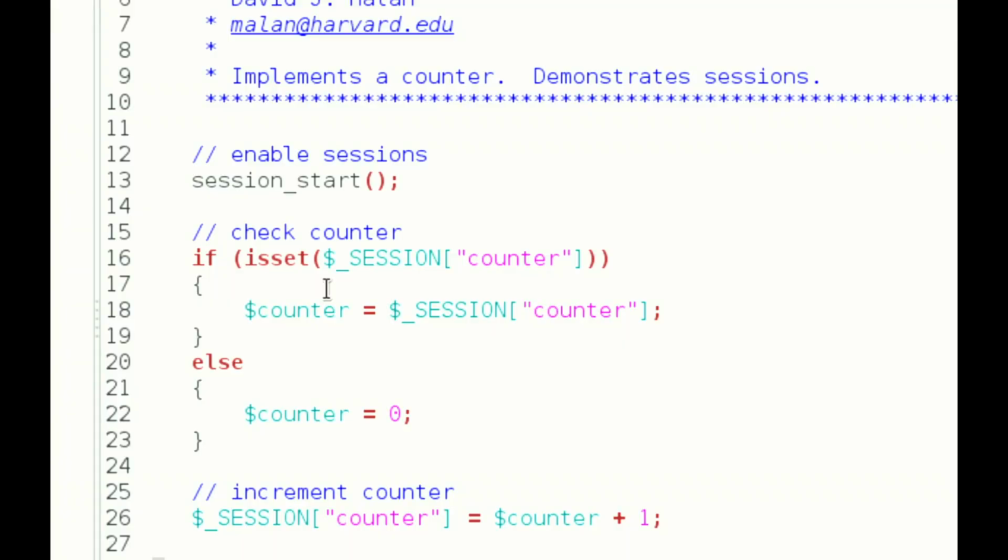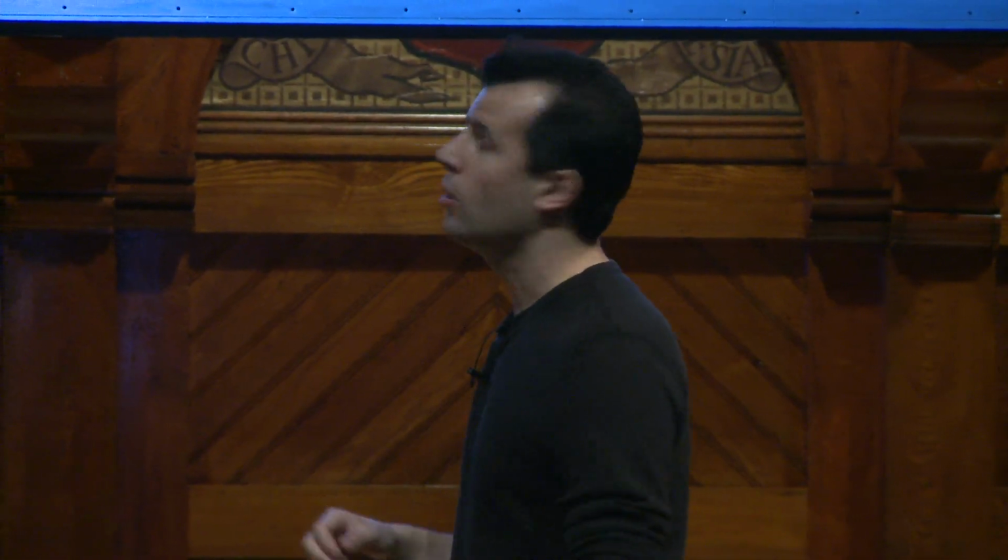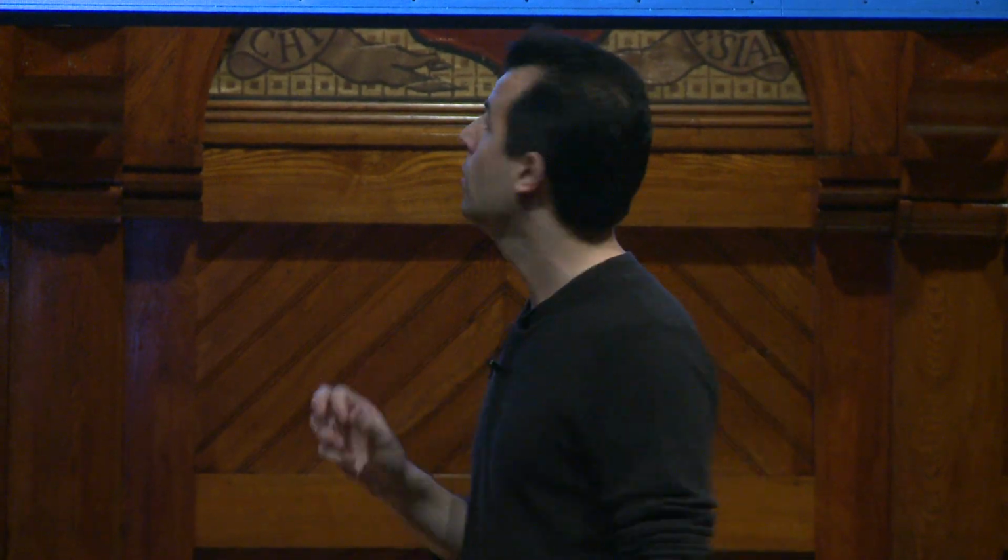Now, if we proceed to look at line 16, let's try to figure out what this web page is going to do. If isset($_SESSION["counter"]), then go ahead and store in the counter variable, lowercase counter, $_SESSION["counter"]. So this seems to be declaring a local variable called counter inside of which it's putting a copy of whatever's inside of the superglobal called session at the location "counter". Else, apparently, this little local variable counter is initialized to 0.